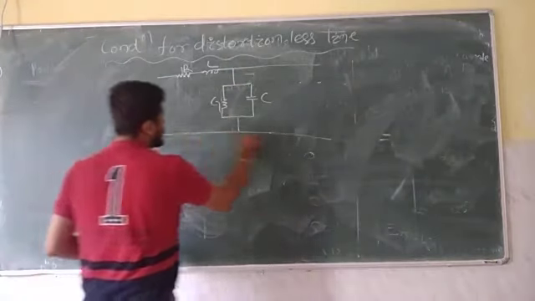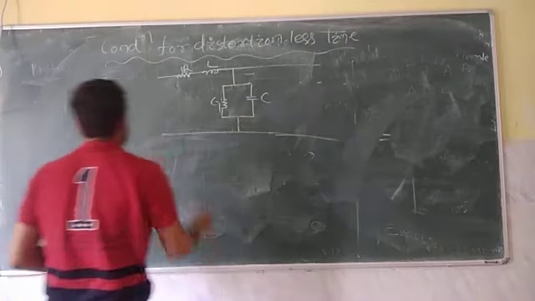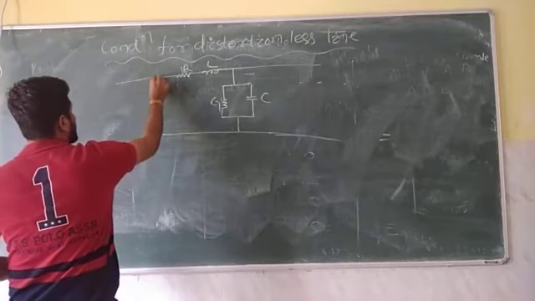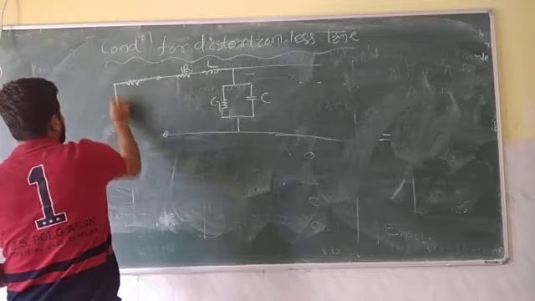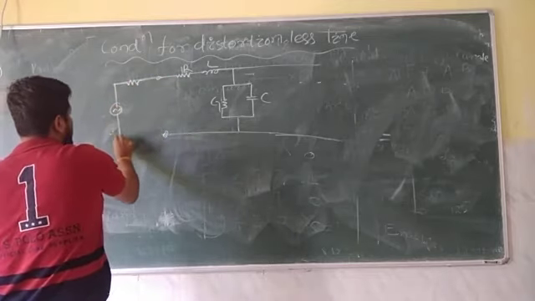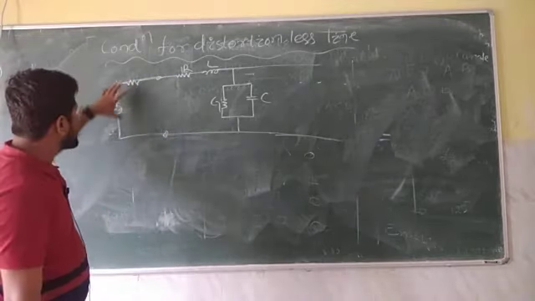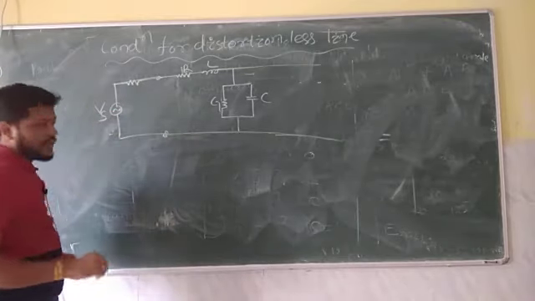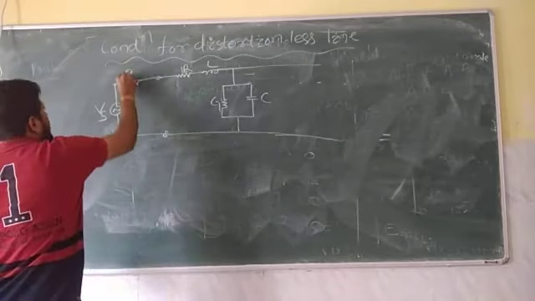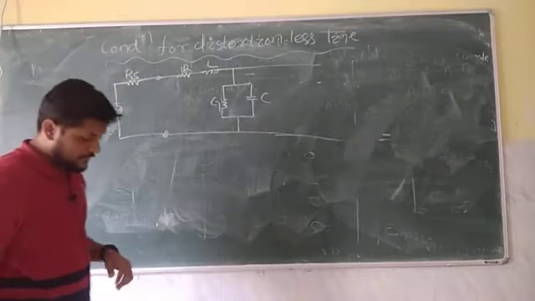This is the equivalent circuit of a transmission line, and on this side we always connect the source. The source is represented by its Thevenin equivalent circuit: suppose this is Vs as the source, with some internal resistance Rs.